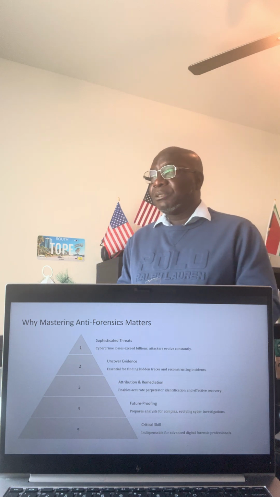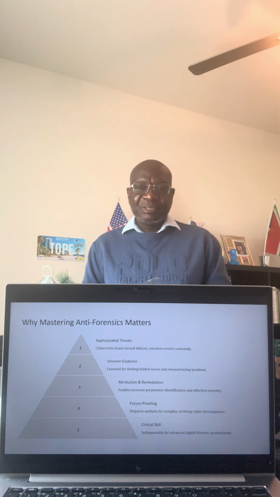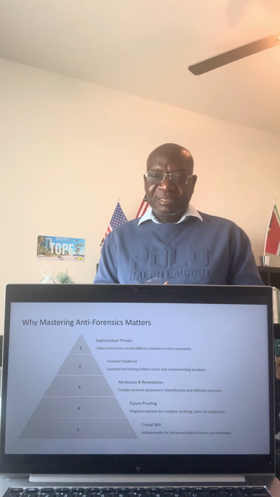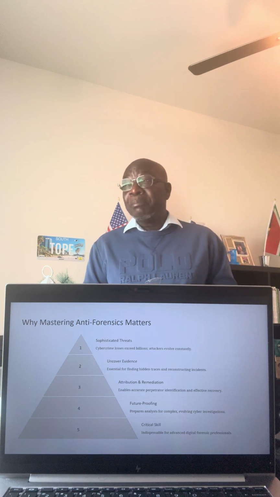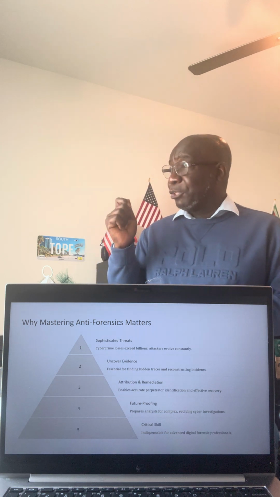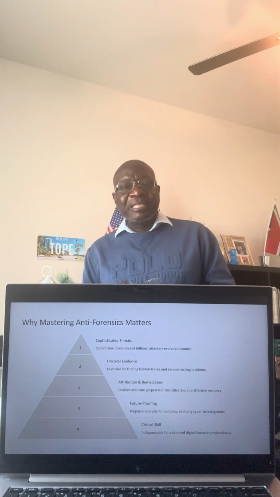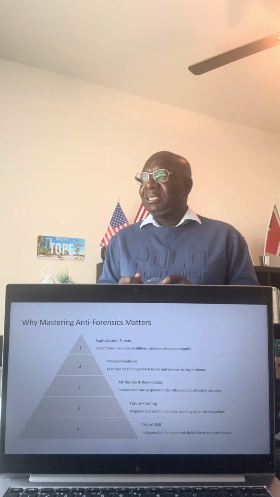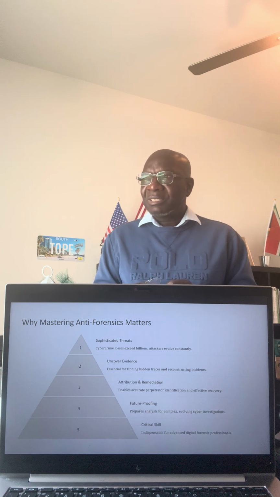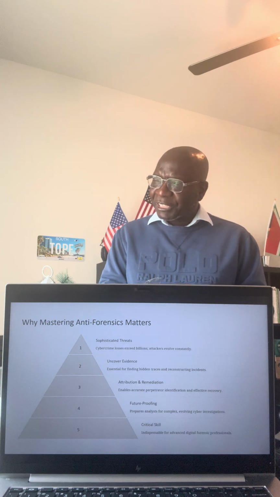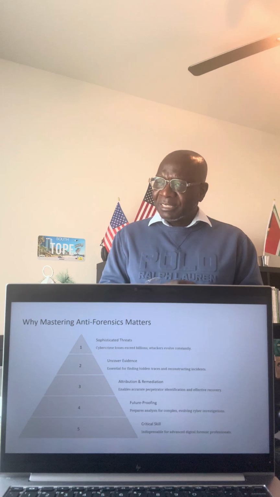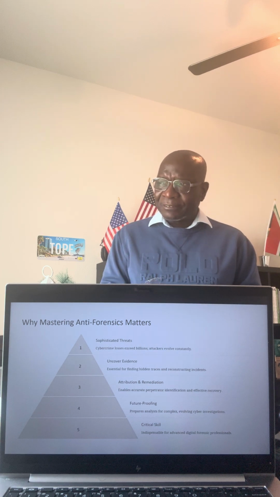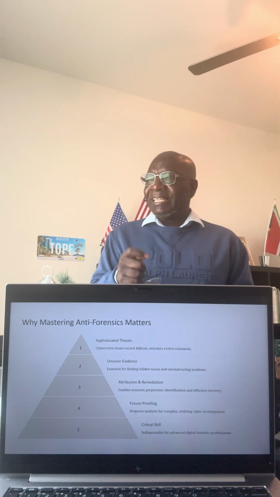Another reason why it matters a lot is to uncover evidence. This is very, very important. Many innocent people are being punished today for crimes they know nothing about. So it is essential that the actual perpetrator is found and nailed down.